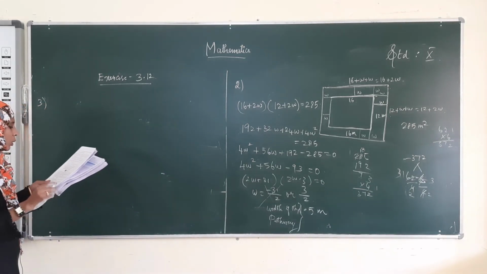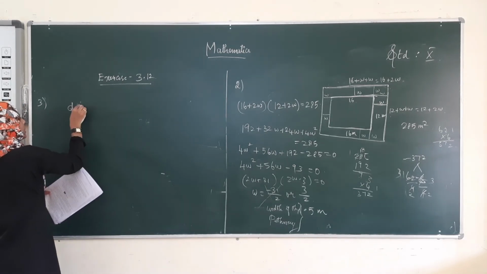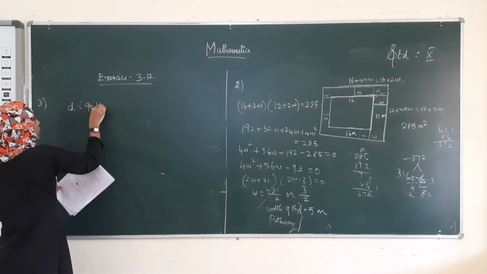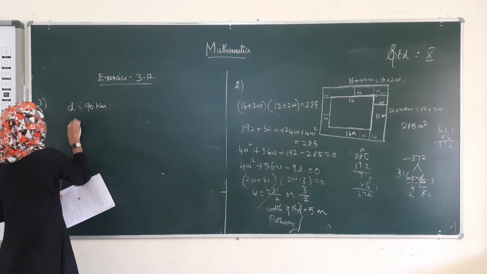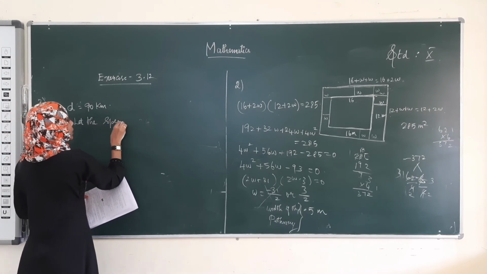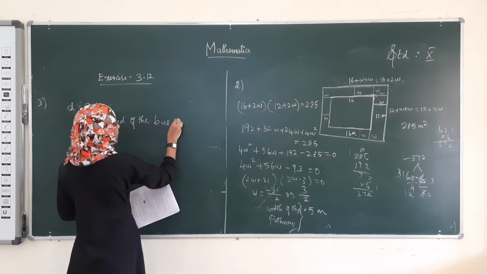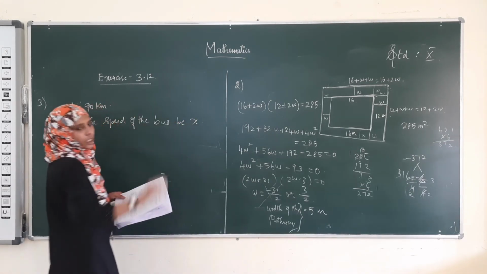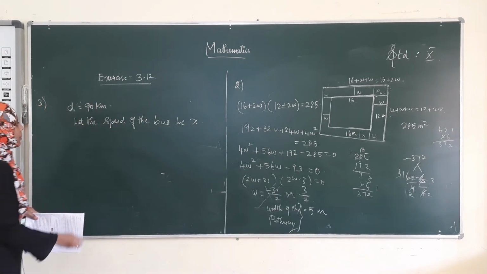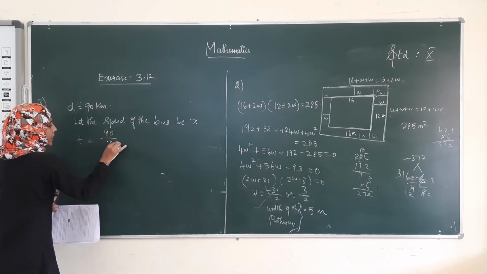Therefore, distance is equal to 90 km. Let the original speed of the bus be x. So what's the time taken? Time taken is equal to 90 divided by x.